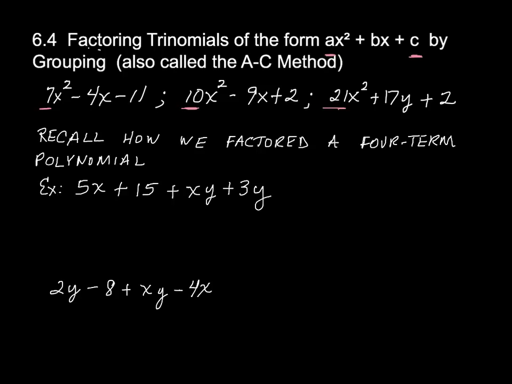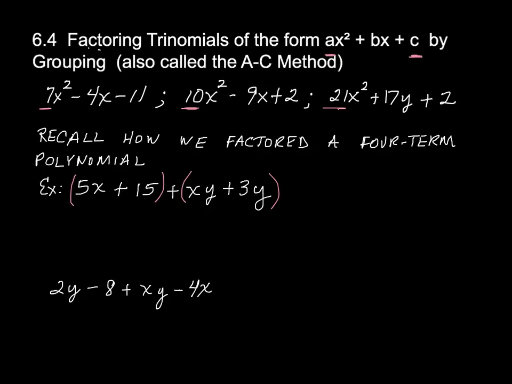So if we group the first 2 terms in this polynomial, 5x plus 15 plus xy plus 3y, if we group them this way, because they have something in common, the 5x and the 15 have a 5 in common, the xy plus 3y have a y in common.